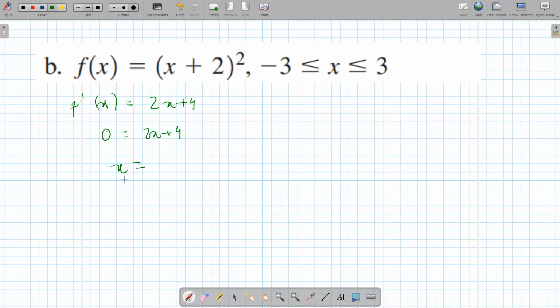If 2x plus 4 is 0, what is x? -2. Now the question is, is this a maximum or a minimum? A minimum. Nice. How do you know?